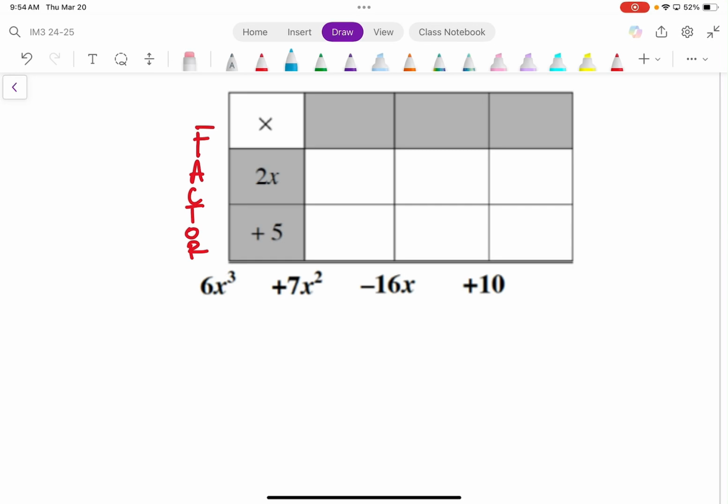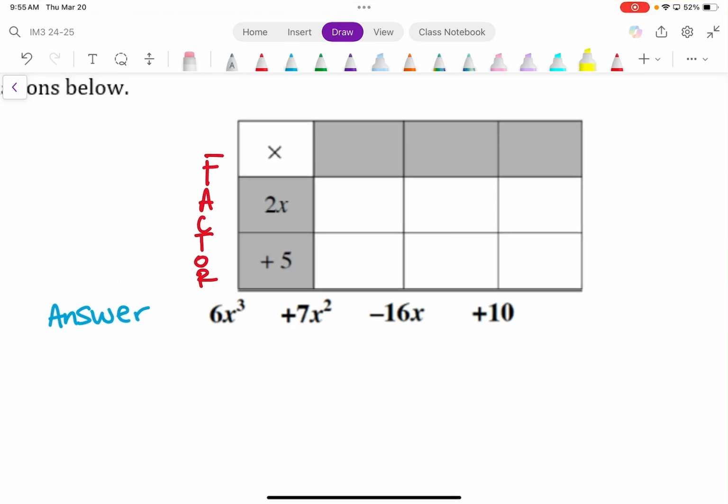Also, I want to make you aware that we have the answer set up for us as well. So here we have the answer. Since we have the factor and the answer, all that we're trying to figure out is what is the other factor that we're missing.